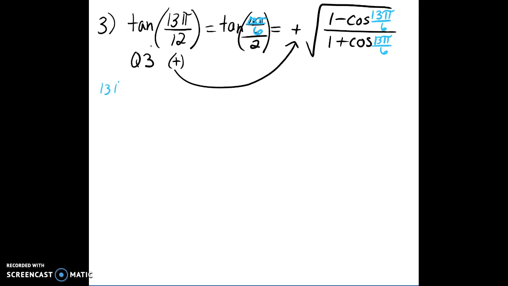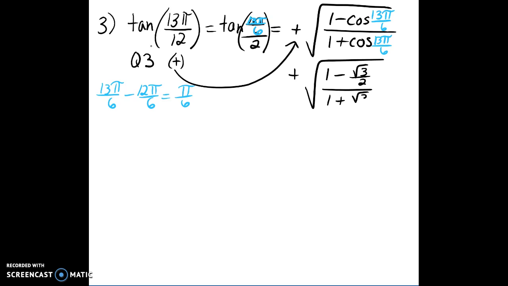So if I take 13 pi over 6, subtract the 12 pi over 6 off, which is my 2 pi, I once again get an angle in quadrant 1 that I can work with there. So pi over 6, or 30 degrees. It's going to be root 3 over 2 here. And on the denominator, same as before, multiply.